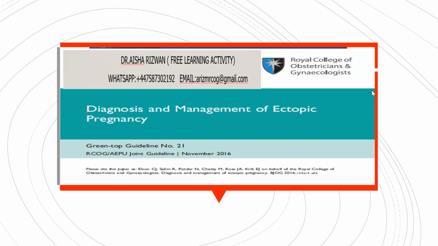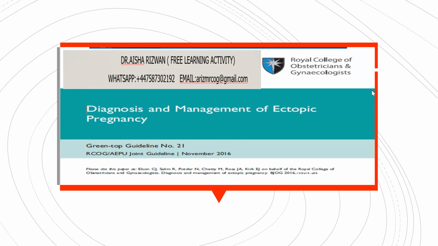The fourth predictor of success is decrease in beta-HCG levels from day 1 to day 4 after methotrexate. Success rates of 88 to 100% have been reported if the serum beta-HCG level decreases from day 1 to day 4 after administration of the methotrexate, as compared to only 42 to 62% if the serum beta-HCG level increases.